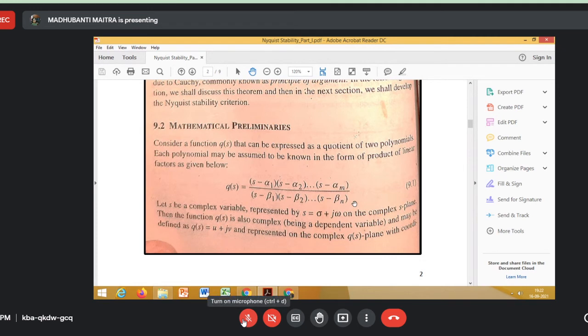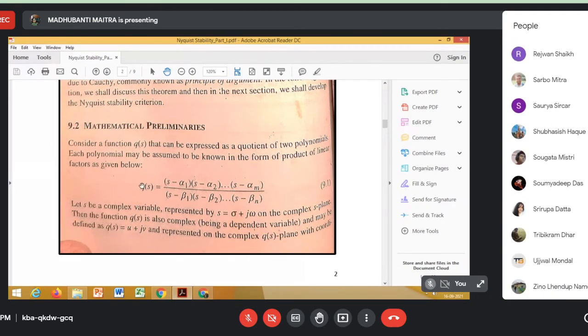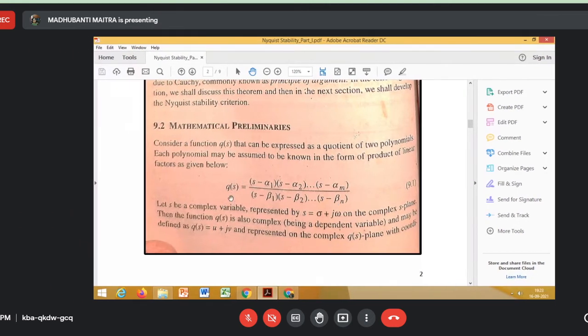Again I repeat, this Q(S) is not the characteristic equation, it is any arbitrary function of S. If we represent Q(S) in this form, then as per the definitions of poles and zeros, we can identify that all these alphas, alpha 1, alpha 2, alpha m, are the zeros of this function Q(S), and this beta 1, beta 2, beta n, these are the poles of this Q(S).